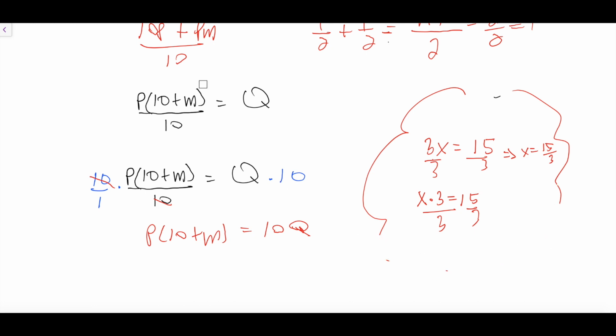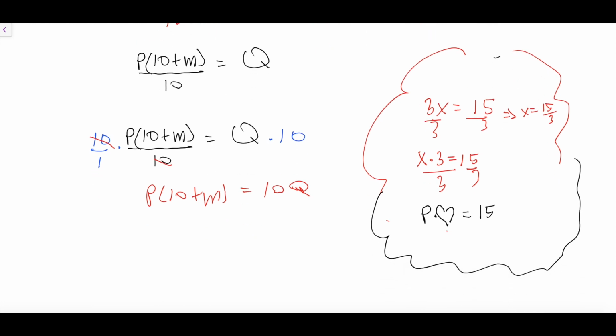So now, in the spirit of Valentine's Day, what if I said P times heart equals 15, and I want to get P by itself? How do I do that? We're going to still divide by heart.